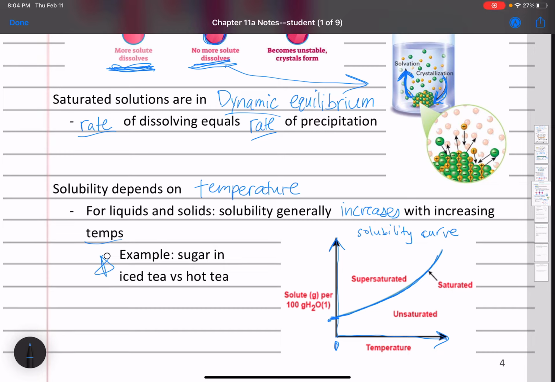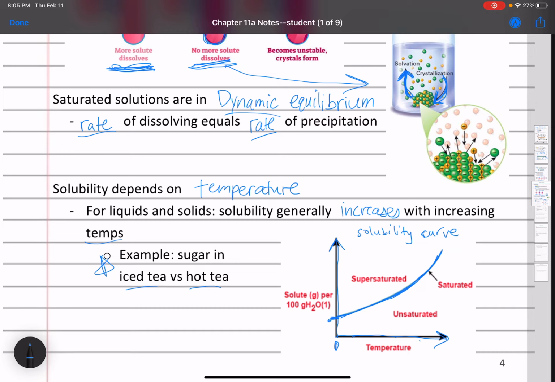If you've ever had hot beverages or cold beverages that you needed to sweeten, if you're a tea drinker, sugar dissolves much better in hot tea than it does in iced tea. So that is our everyday go-to example. So as we increase the temperature, we increase the solubility. So this line represents the point of saturation. That's the maximum amount of solute that you can dissolve in a solvent at whatever given temperature, right?